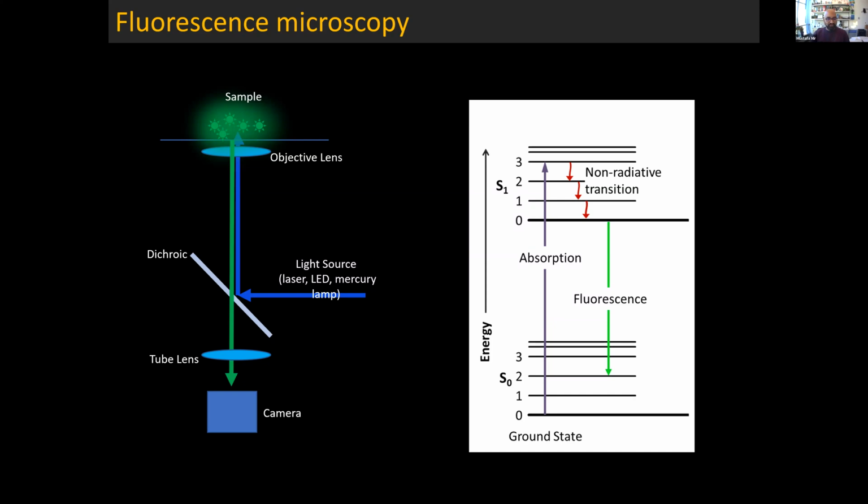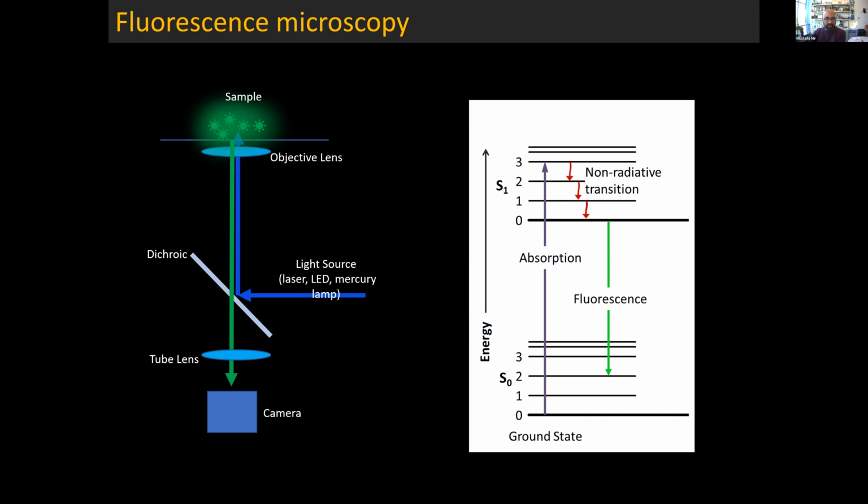These fluorescent molecules absorb the photons and then emit fluorescent light, which gets collected by the same objective lens. Then it goes through this mirror, which is a special mirror called a dichroic. It lets the fluorescent light pass through, but does not let the laser light pass through. The fluorescent light is then collected onto your camera where you make an image. So this is the basics of fluorescence, which has been used for a long time now.